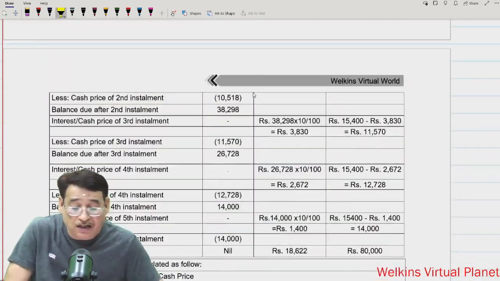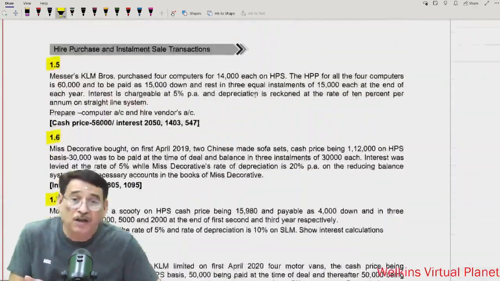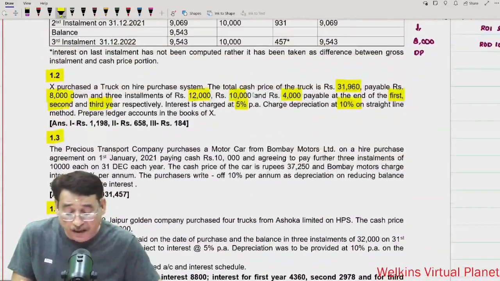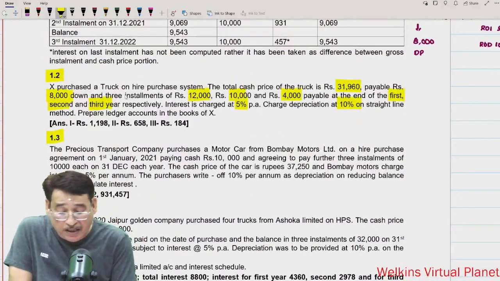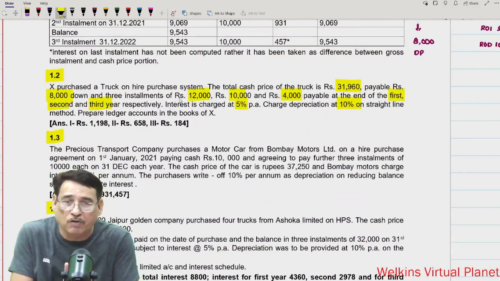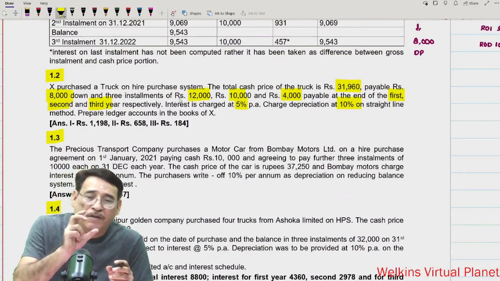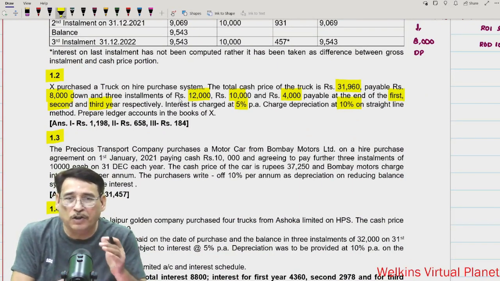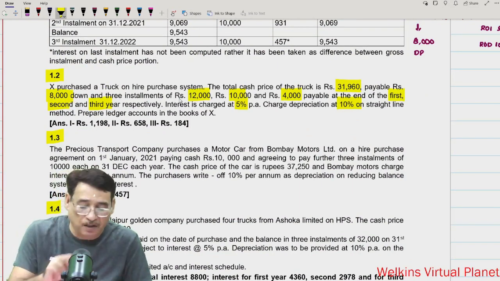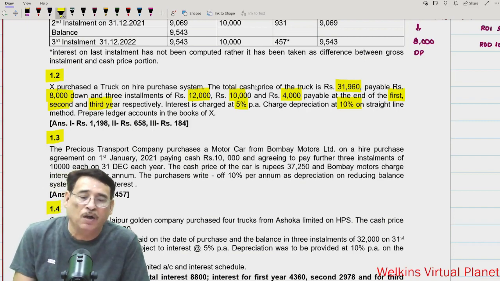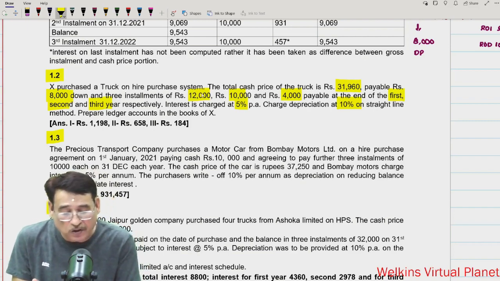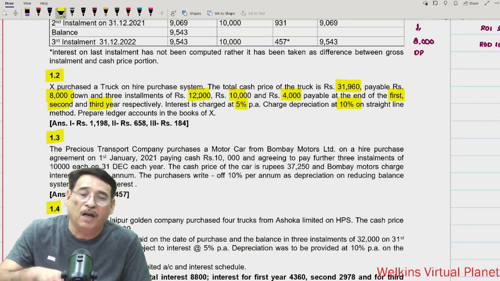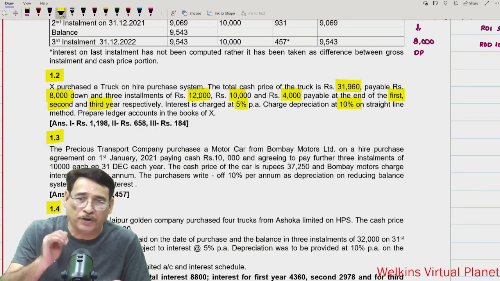Whereas in earlier question which we did, in earlier question or even 1.2 when we did, it was simply written that balance in 3 installment of 12,000, 10,000, correct? When it is written installment is 12,000, 12,000 or 10,000, it means installment is gross. Gross means this installment includes the interest element and the cash price portion element.